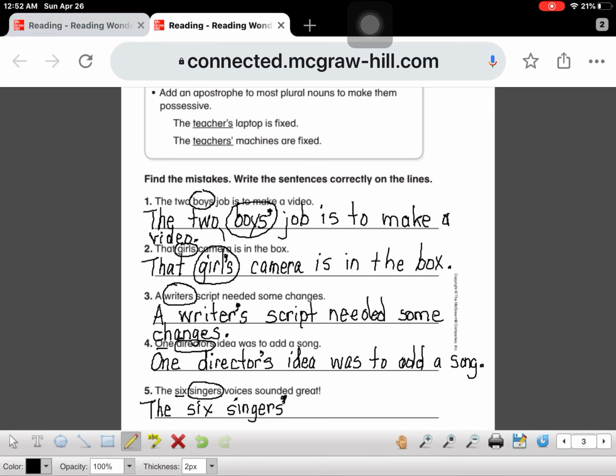Apostrophe goes after the S. Voices sounded great. Now, this sentence didn't end with a period. It ended with an exclamation point.